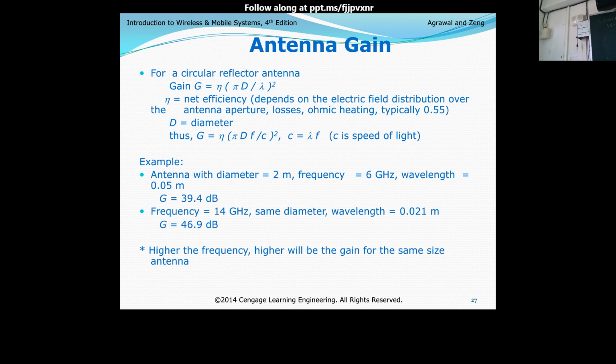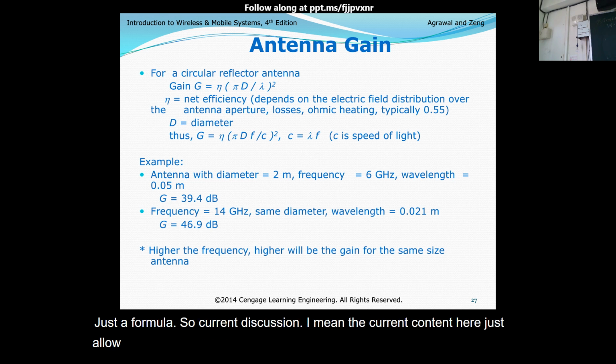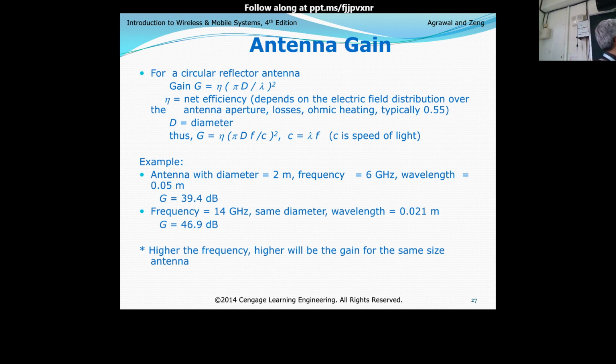Just a formula. The current content here just allows you to calculate the gain, G. So almost 2 minutes, but finally, okay, we have a formula.